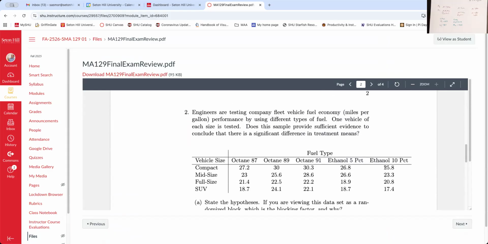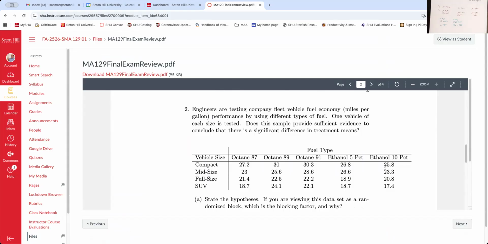Here, I've got two factors listed, right? But we only really care about one of them, don't we? What are we actually testing here?